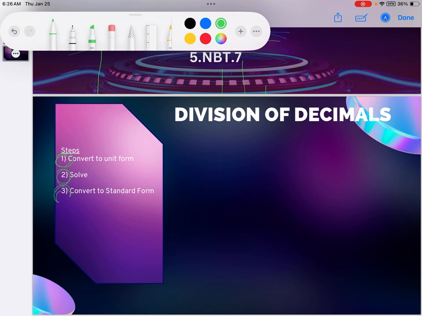All right. Next one I want to look at is going to be 66 hundredths divided by 22 hundredths. And you can notice the difference here is I have a decimal divided by a decimal instead of a decimal divided by a whole number. But the steps are still the same.